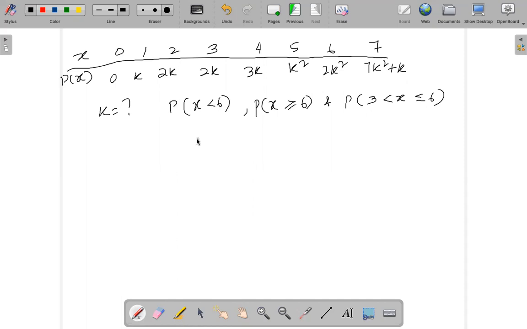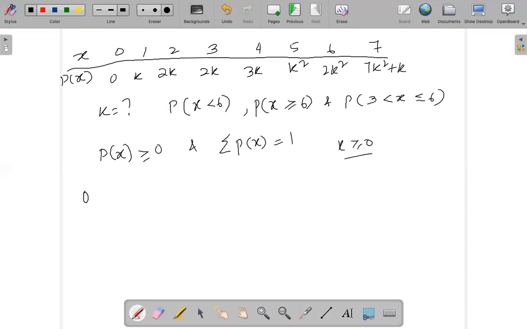Now let us first find the value of k. We must have P of x greater than or equal to 0, and the summation of P of x equal to 1. That's how we can find the value of k. Since k should be greater than or equal to 0, that should be satisfied.